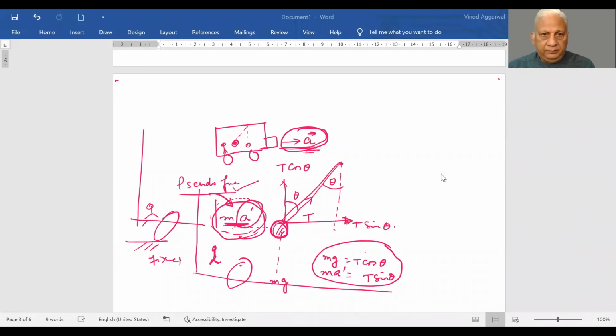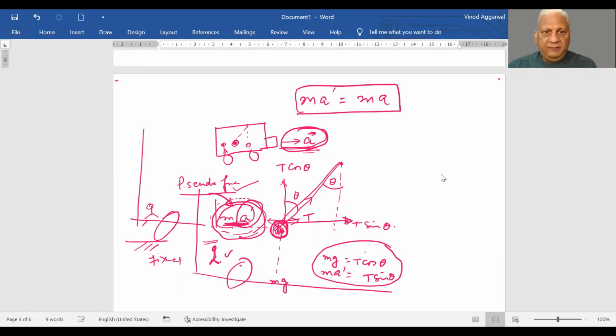Now, as we have seen, the person who's sitting in a moving reference frame doesn't see any force being applied to this, either in this direction or in this direction. But we have already seen that there is some pseudo force being applied in this direction. So what it means is that as far as the person sitting in the non-inertial frame is concerned, he sees that this force should be equal to this.